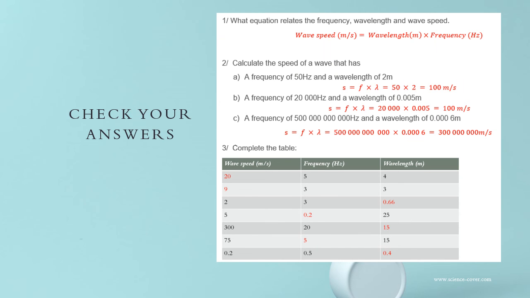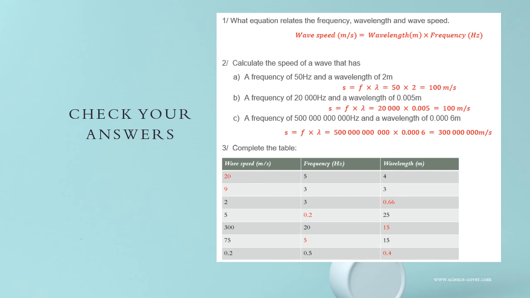Let's check our answers. What equation relates frequency, wavelength, and wave speed? The wave speed in meters per second is equal to the wavelength in meters multiplied by the frequency in Hertz. For question 2, we have to calculate the speed of the wave. For A, this is 100 meters per second. For B, it's 100 meters per second. And for C, it's 300 million meters per second.